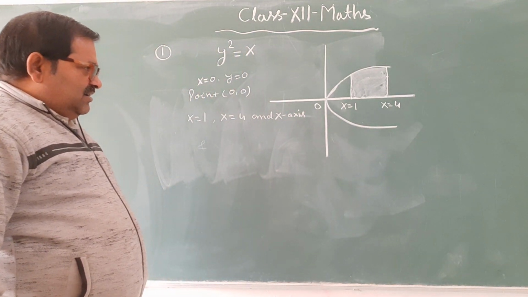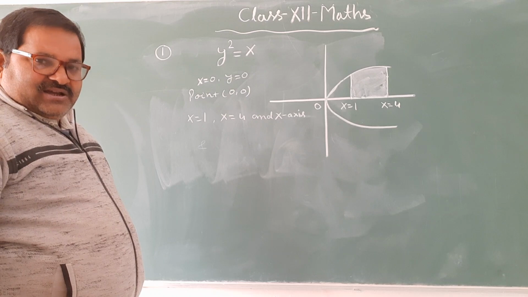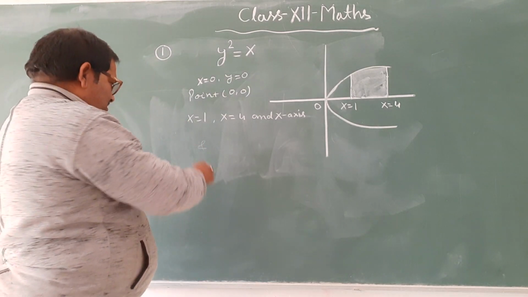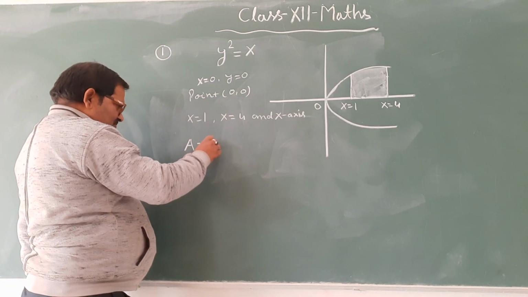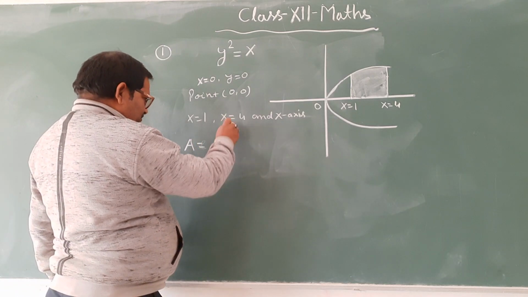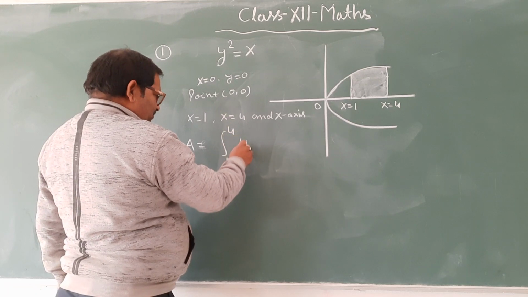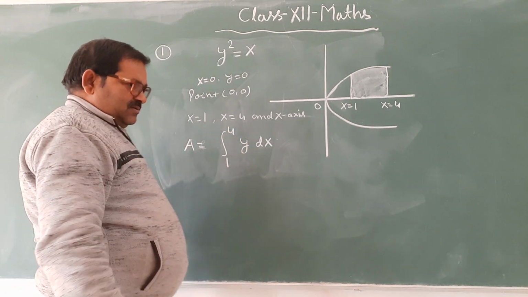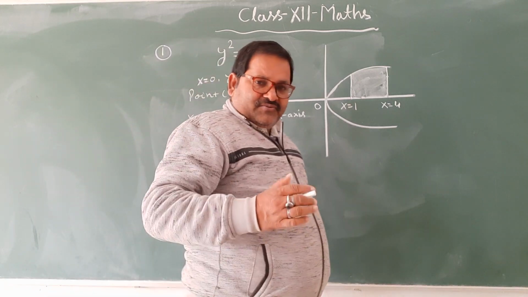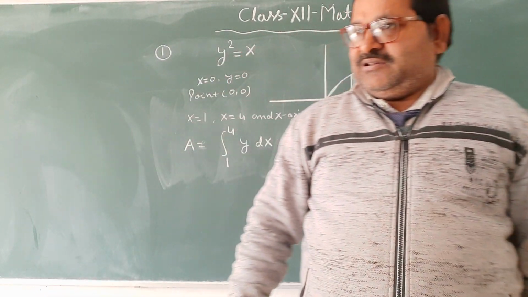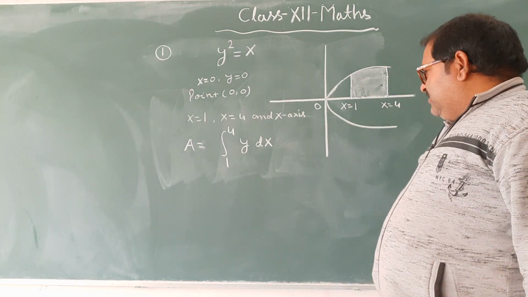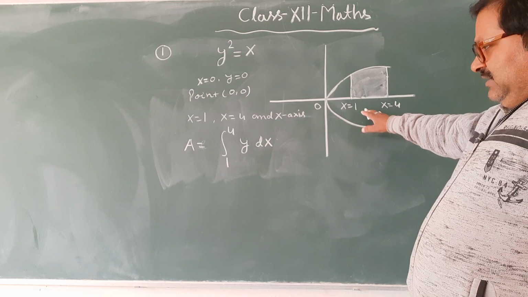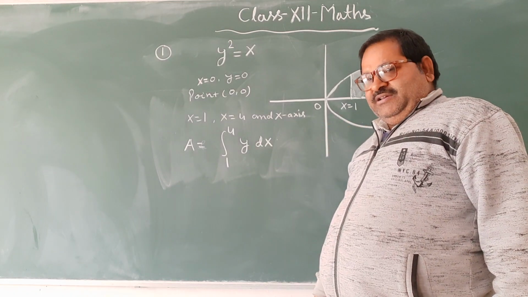Now we find the area between the curve. Area equal to integral 1 to 4 y dx. If the area is found with the limit on the x axis, then the function is y dx.